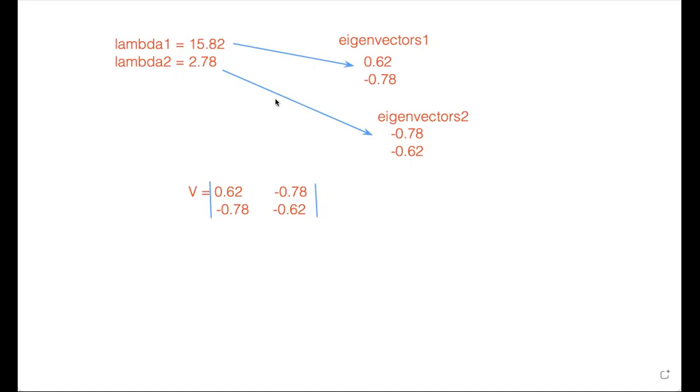So the V matrix will be the V vectors. The yk, the new features or the principal components, equals xk, where xk is the original features, for example 3 minus 5.3 and 3.1, where 5.3 and 3.1 are the mean values for x1 and x2.